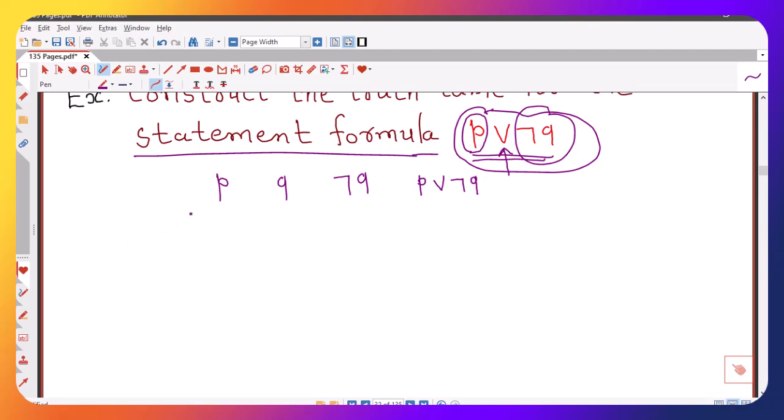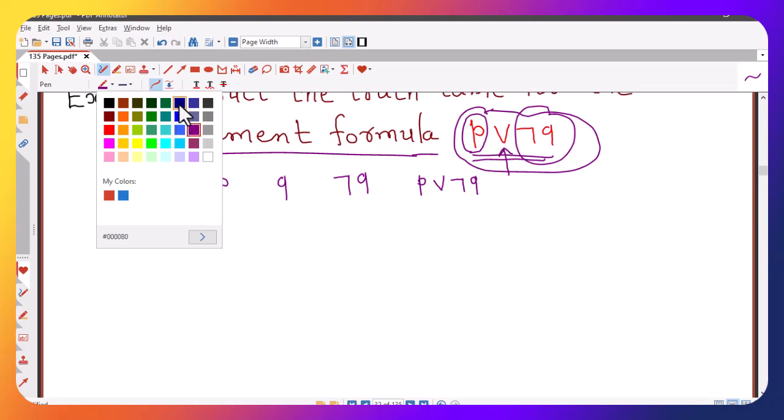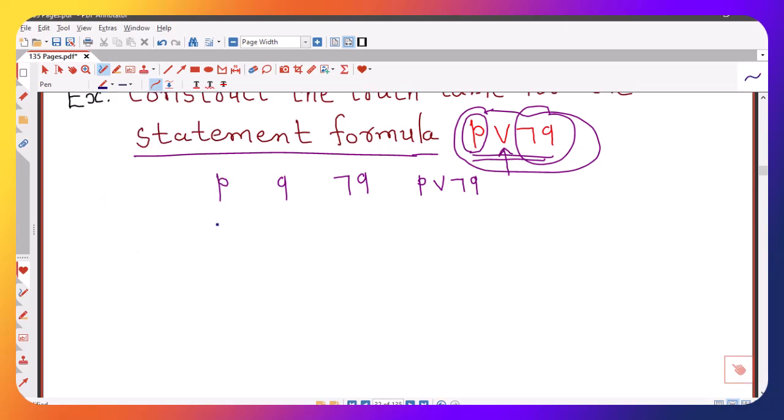Now here I have two propositions P and Q, so I will have four possible rows, or four different possibilities for truth values of P and Q. As we have discussed in earlier lectures, one possibility is P and Q both are true, then P is true and Q is false.